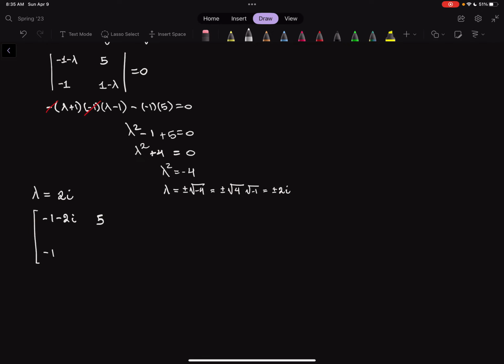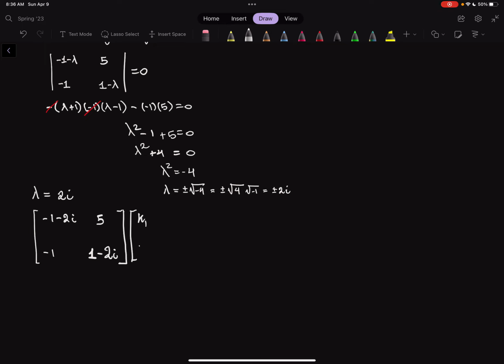Well, let me write it down. So that's going to be 1 minus lambda. Nope. See, I made a mistake here. We're just subtracting this. I was looking at the wrong thing. Things weren't making a lot of sense. So I have 1 minus 2i here. And this is our matrix.